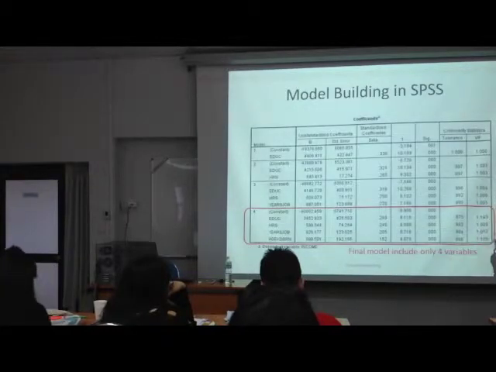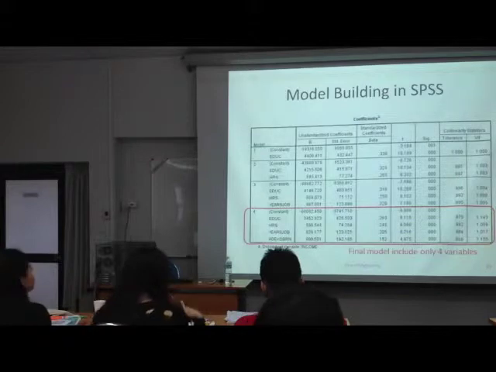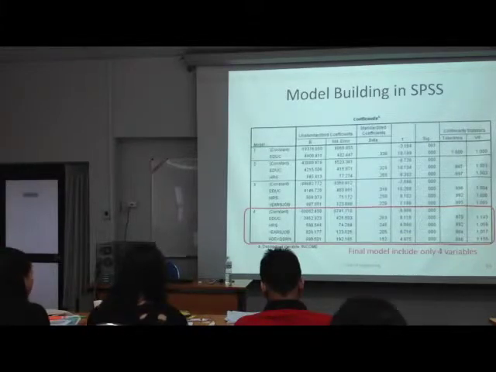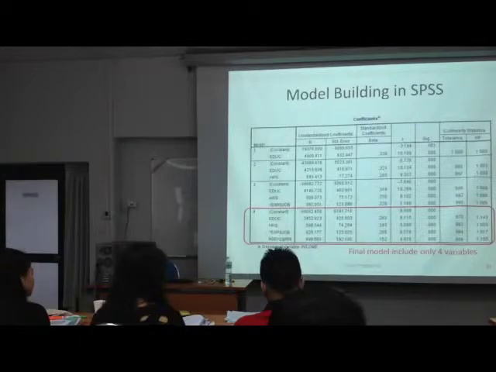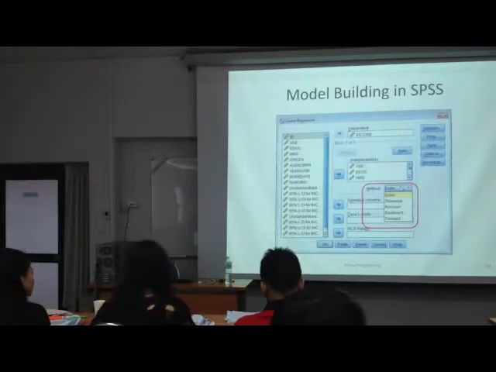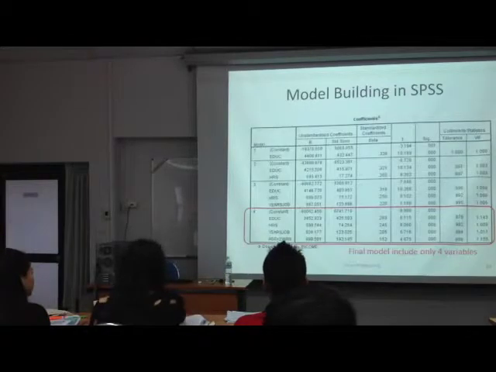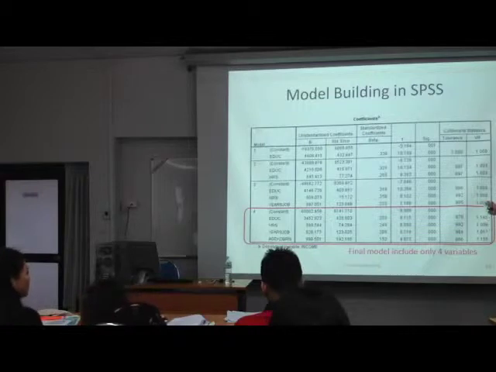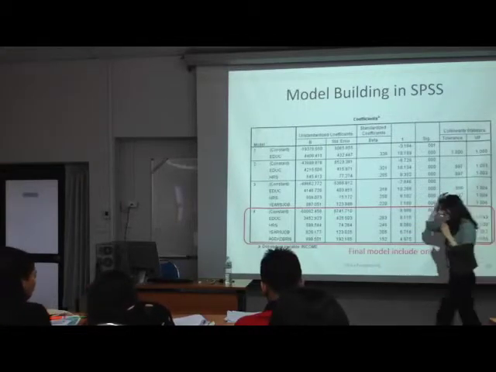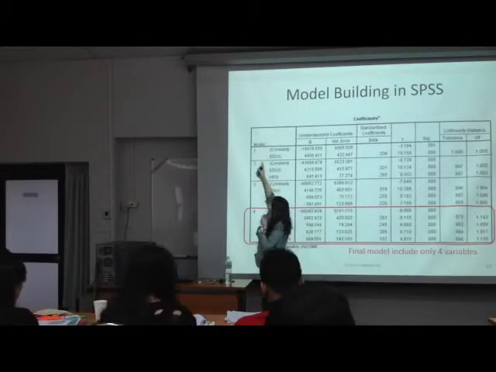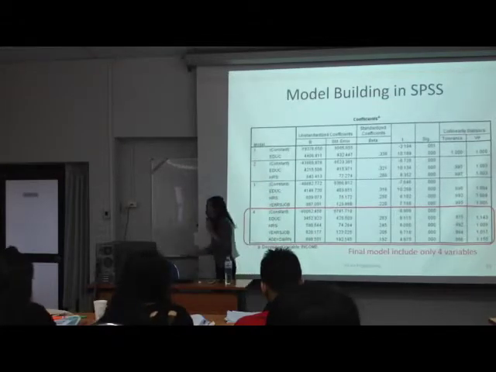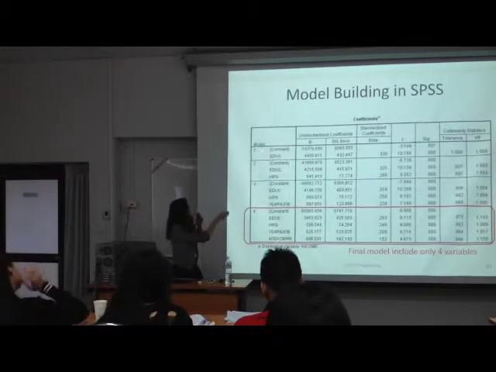I think I have tried, I'm not sure, maybe stepwise, I guess. Or maybe forward. I can't remember. But if you look at the output, it starts from model 1, 2, 3, 4. That means the steps. They start with this model.